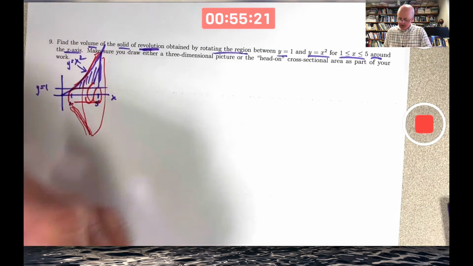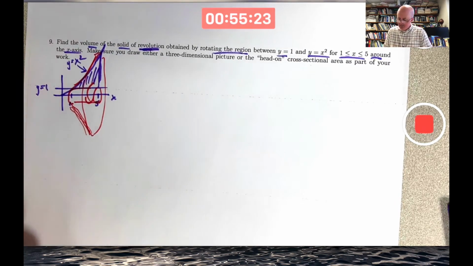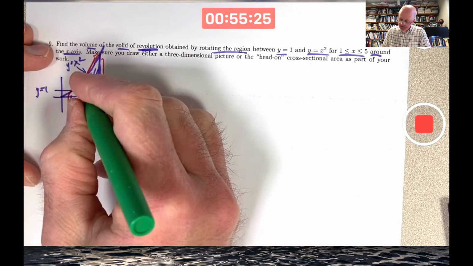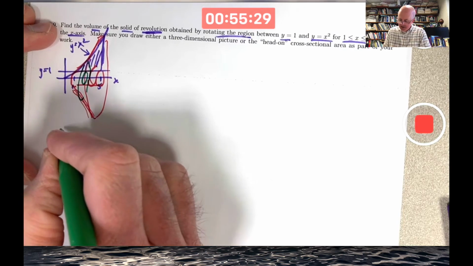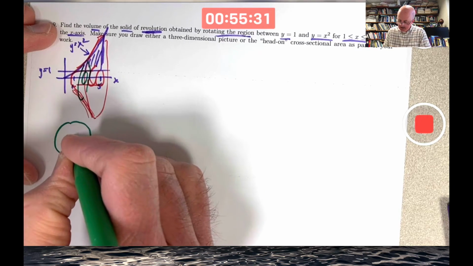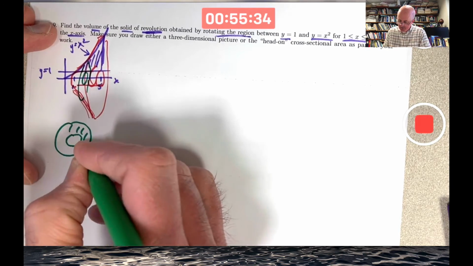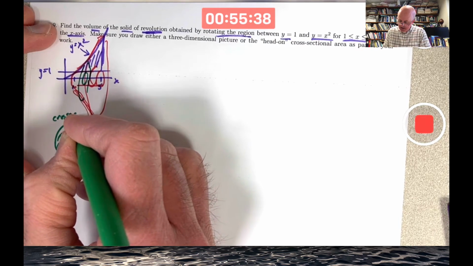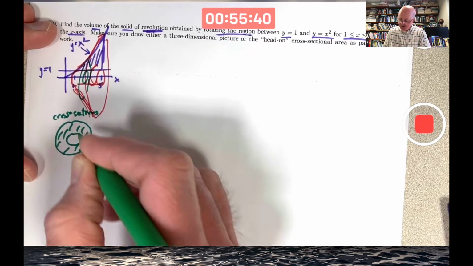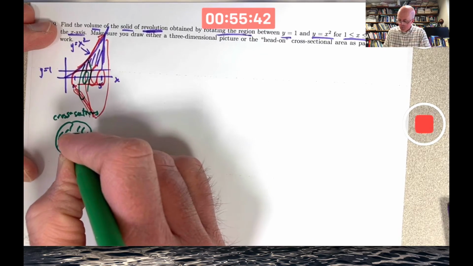What are the cross sections going to look like if you slice this perpendicular to the x-axis? Take a knife out and slice it. And remember, there's a hole in there. The cross sections are going to be like this. These cross sections are the regions between circles, sometimes called washers.